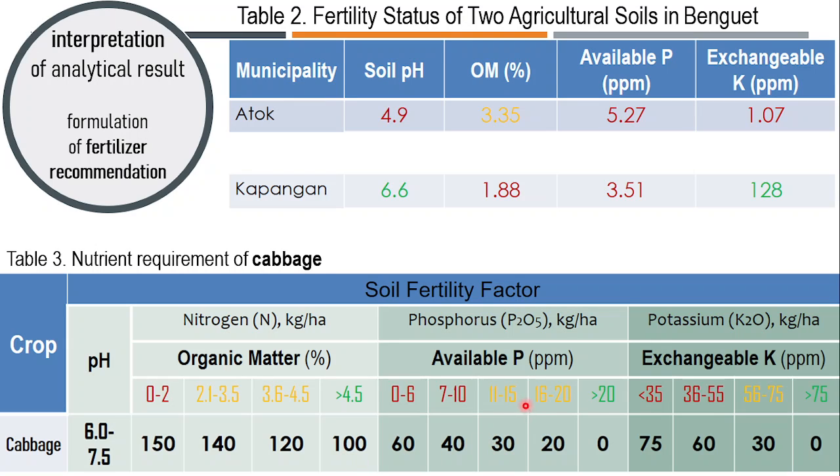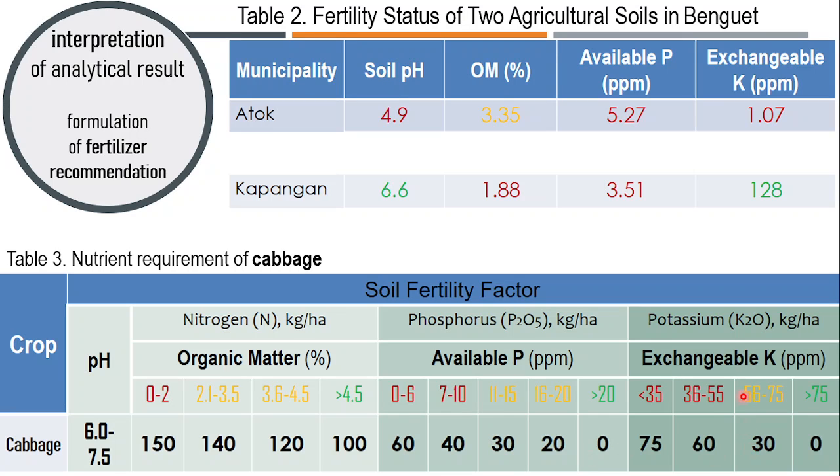Now we go with phosphorus. These are its different levels or ranges. At 0 to 6 ppm, we need to apply 60 kilograms of phosphorus fertilizer per hectare. But when it is greater than 20 ppm, it is already sufficient for cabbage, so there is no need to apply phosphorus fertilizer.